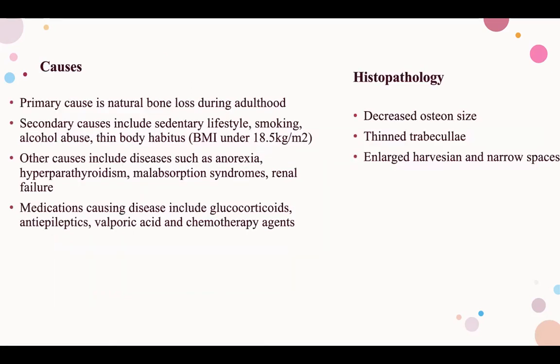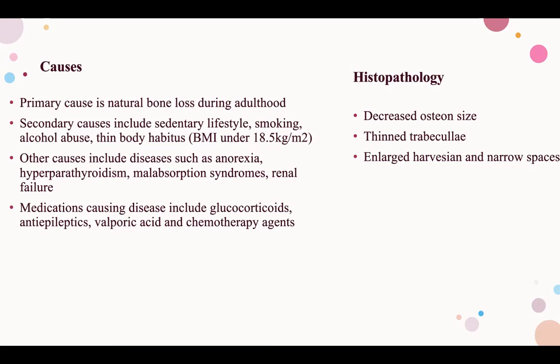Some of the causes from a much larger standpoint: there's a primary cause, which was just noted above, the natural bone loss during adulthood. While secondary causes include a sedentary lifestyle, smoking, alcohol abuse, thin body habitus, which is a BMI of under 18.5 kilograms per meter squared, basically a very low BMI.